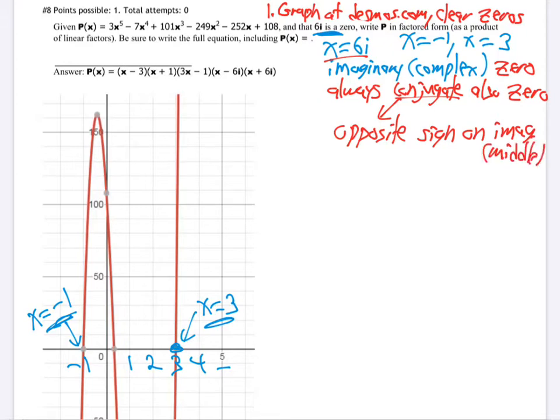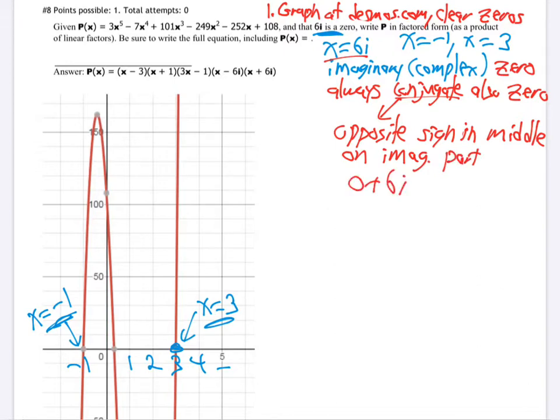Opposite sign, sorry, I'm getting a little scribbly there. So if we have 0 plus 6i, that's really how you would write it out. I mean, you don't really need the 0. Then the conjugate, of the one we have right here, 6i, which is the same as 0 plus 6i. Conjugate always means opposite sign in the middle.